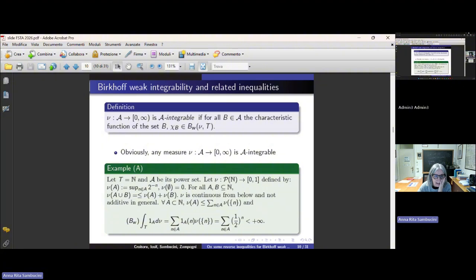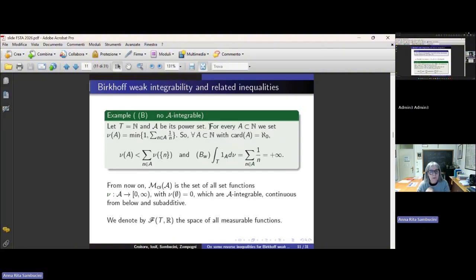In the second example, instead, we construct a set function which is again continuous from below, again subadditive, but not integrable because it is constructed using the harmonic series. From now on, the set functions we consider are integrable, continuous from below, and subadditive.